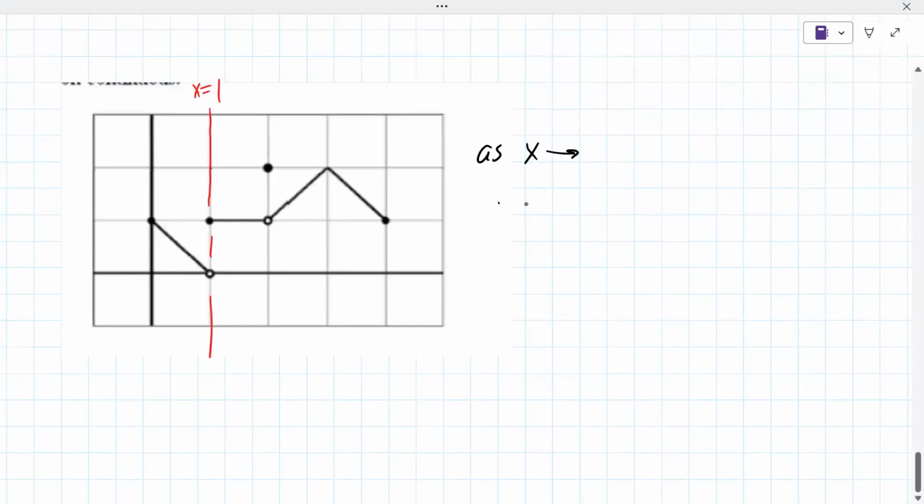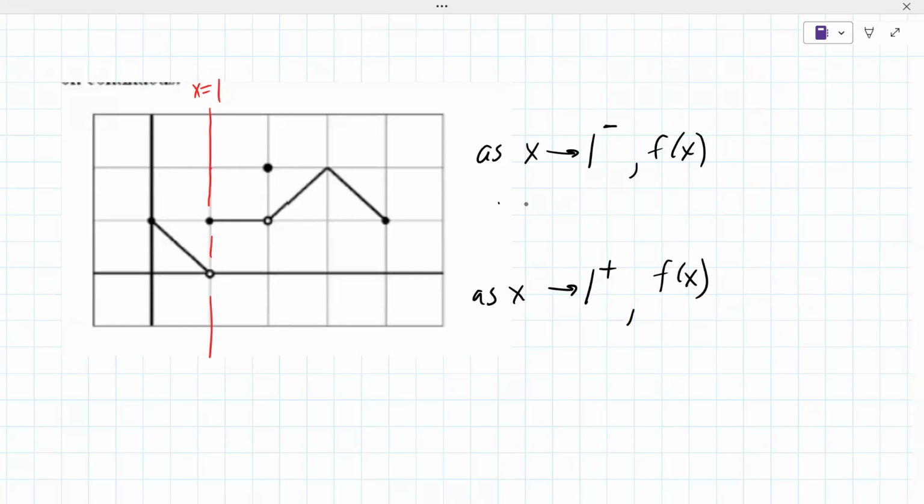As x approaches 1 from the left, as x approaches 1 from the right, what does this become? 0 from the left, and then 1 from the right. Okay, very good.